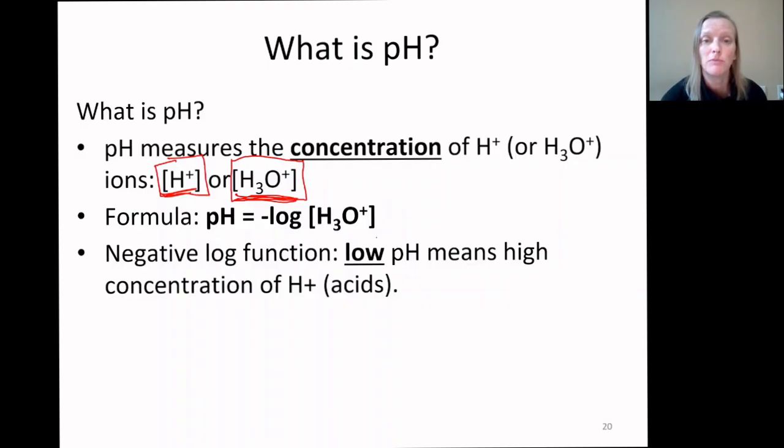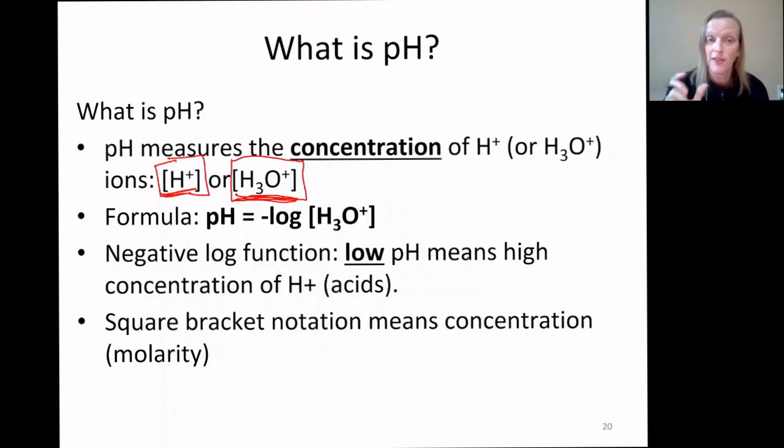But with that negative log, what you get is a low pH means a high concentration of hydrogen ions. So acids have low pH. Just to clarify, that square bracket notation just indicates concentration. So we're using the molarity of hydrogen ions or hydronium ions.